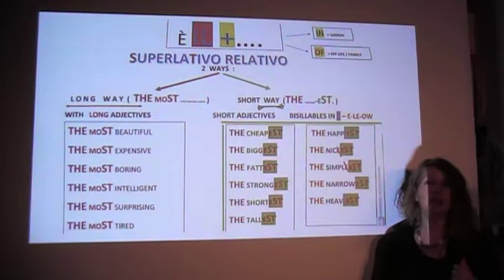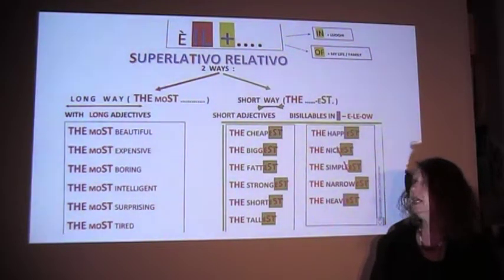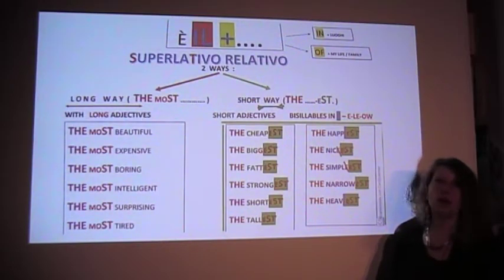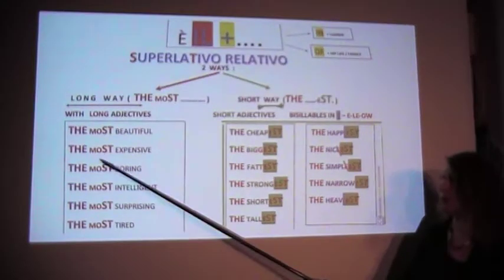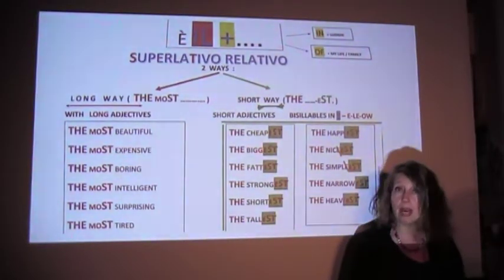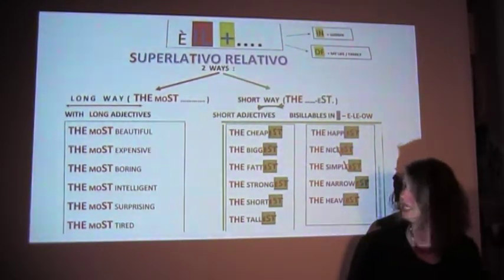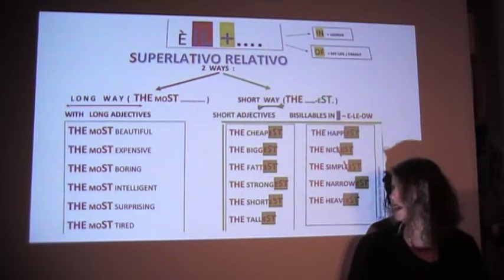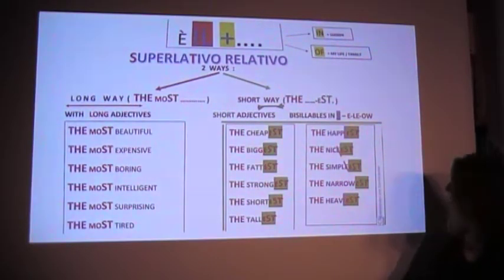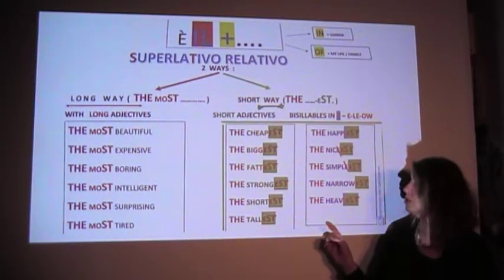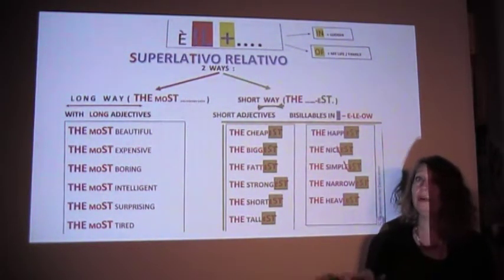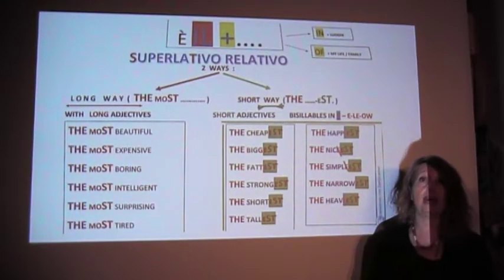Where you had more than for the comparative of majority, you have the most for the superlative. So the most beautiful, the most expensive, the most boring, the most intelligent, the most surprising, and the most tired.